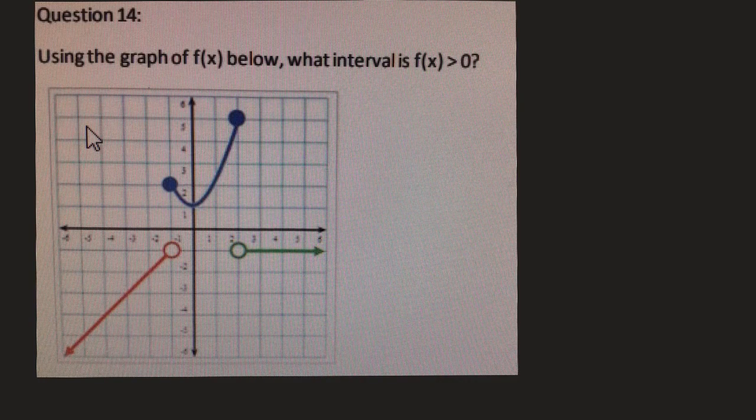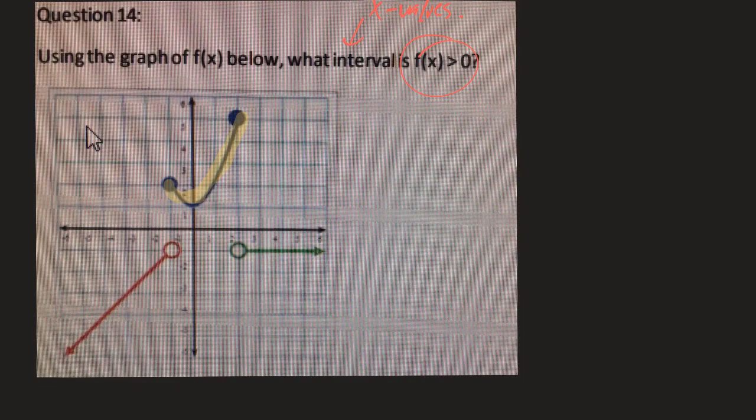Okay, let's take a look at this graph and find the interval where f of x is greater than 0. Again, intervals are x values. So we're looking for a section of my graph that is above 0, okay? And I'm just going to highlight it. Look, here's my section above 0. It's above the x-axis, so that is at 0.